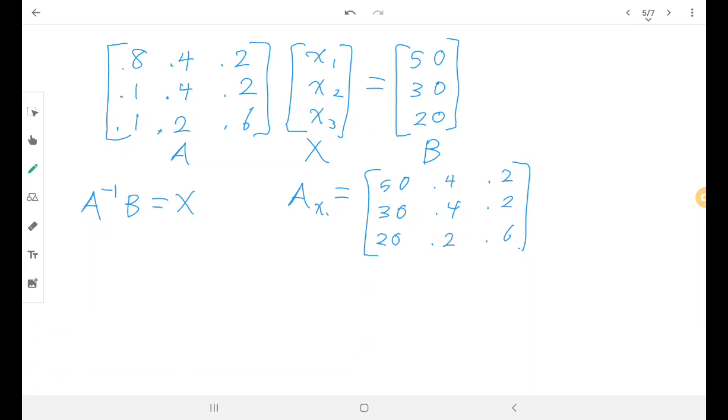You could make your A sub X2 matrix, which would be copy the first column, replace the second column, and copy the third column.